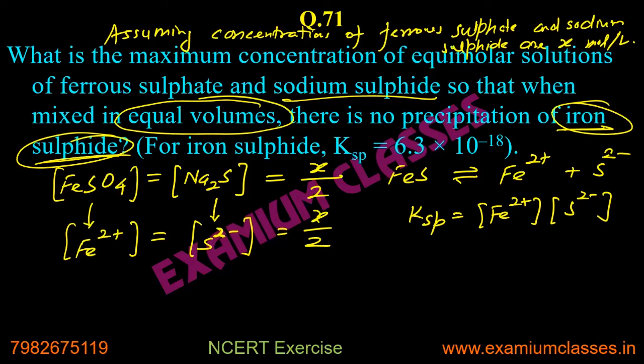That is also the ionic product if it is not at equilibrium. The same thing becomes the solubility product constant if we are at equilibrium. Clear? If there is any confusion, let me know.